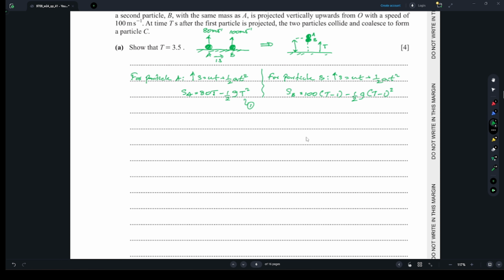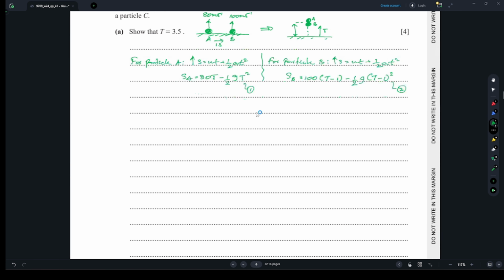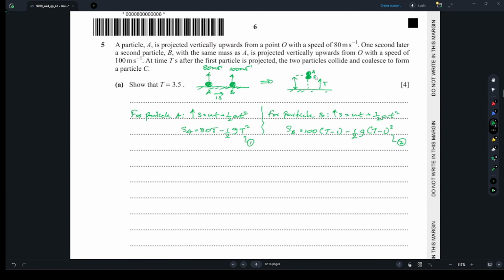I will take this as equation 1, and this as equation 2. And then what we can say at the collision point. If this is the particle at the collision point, the distance that both particles A and B have traveled is the same, right? They are at the same height at the collision.